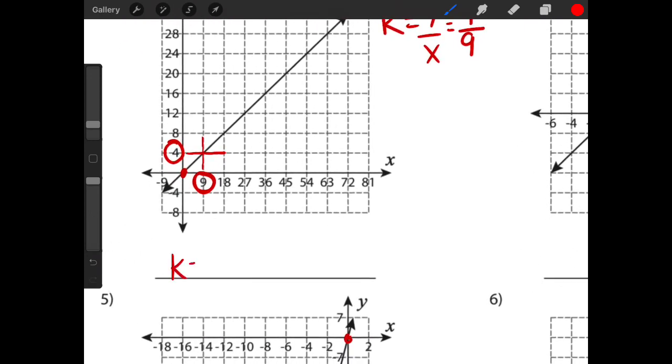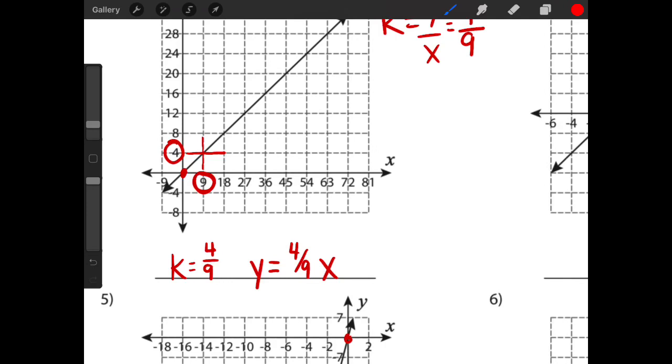It's a fraction. My constant of proportionality is I'm increasing 4/9 of a unit every one x value, or 1 unit. So my equation would then use that fraction. Y equals 4/9 times x.